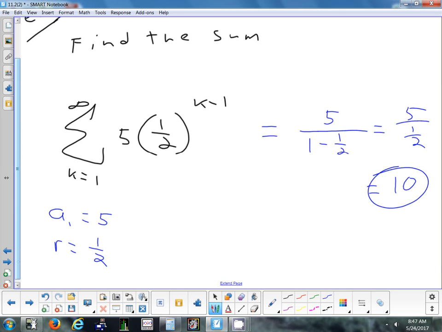So if you were to add up every number in this sequence from 1 to infinity, it would add up to 10. So you would say the sequence converges to 10. The individual terms are converging to what? 0. They're getting so small they don't even make a difference. But the sum of the terms is converging to 10.